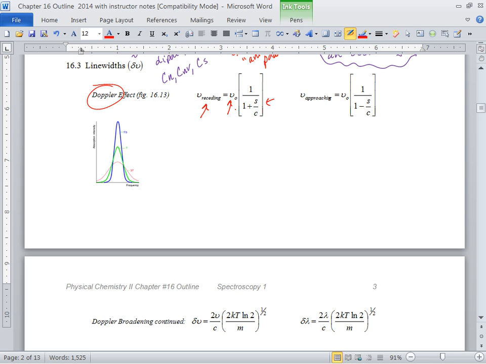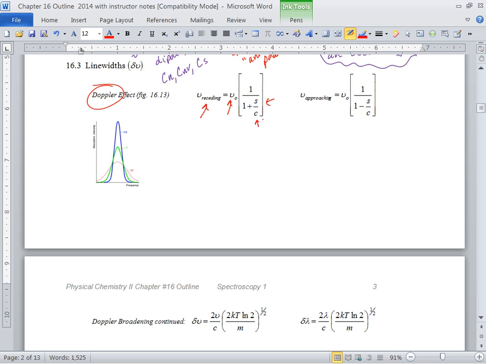It's nu naught, the frequency where nothing is moving. So your source isn't moving. That's the true answer. So you divide by 1 plus s over c.